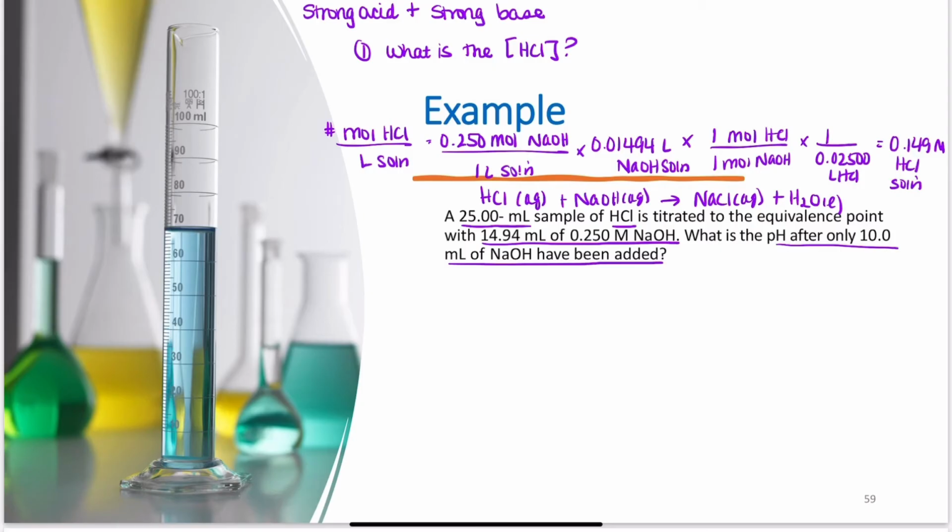If I have 0.149 molar HCl and I use 25 mL of it, then I have 3.73 times 10 to the minus 3 moles of HCl.